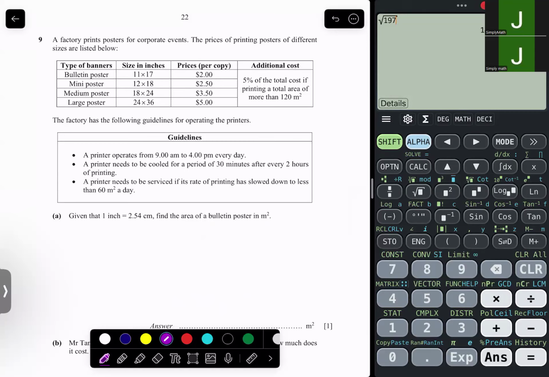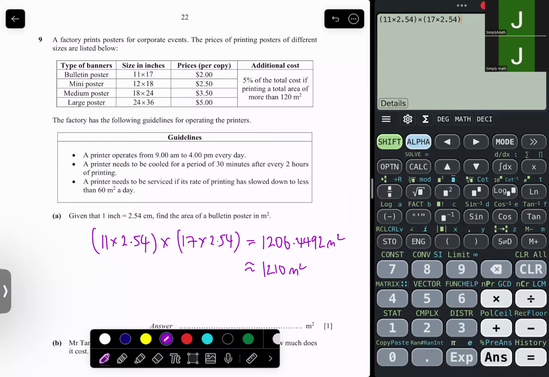So 11 times 2.54 times 17 times 2.54, in meter squared. So we'll have bracket 11 times 2.54 times 17 times 2.54. That gives 1206.4492, which we can round off to 3SF, 1210.